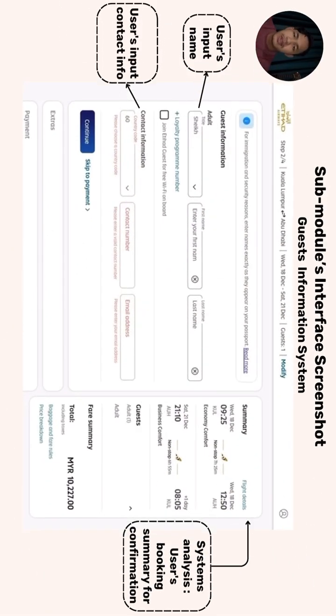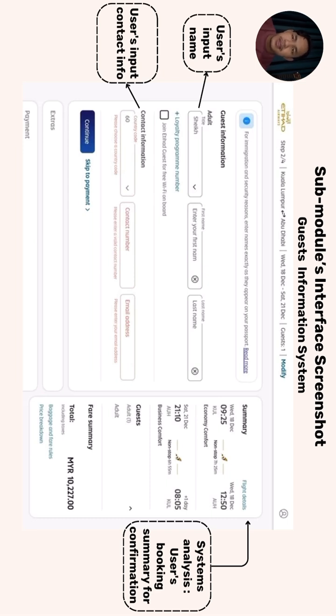Next, after the user searches for availability and chooses the flight, the user must complete the guest information, where the user fills in their personal information such as name, contact info, and more.